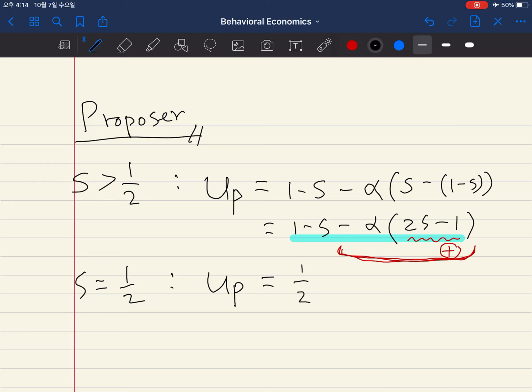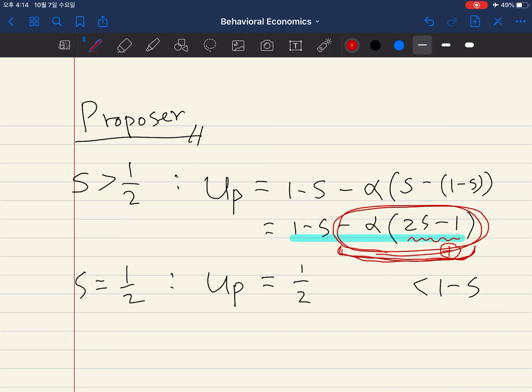So we can see that this blue expression over here, the proposer's utility when the proposer offers more than half, is less than 1 minus S, because we know that this is a negative number.